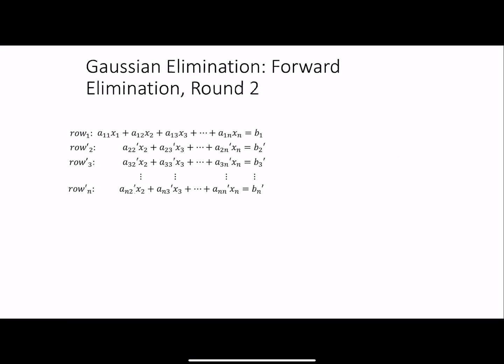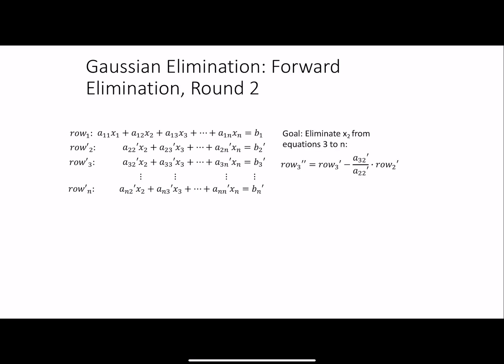Now for step 2, you have replaced each of these equations by their prime versions, so all of these elements here have become 0. Now you do the same thing for these elements here. You leave A22 as the pivot point, but you apply all of the same operations from there.